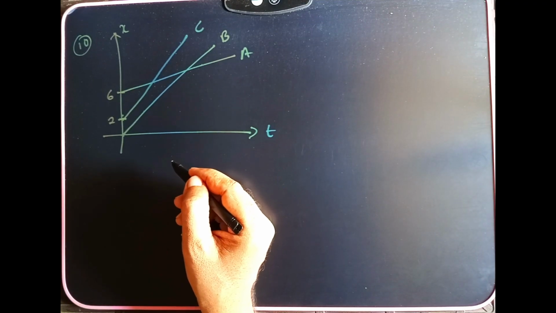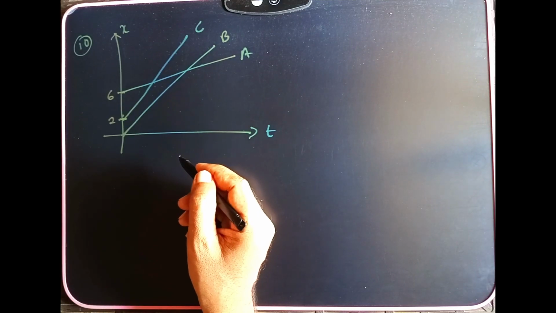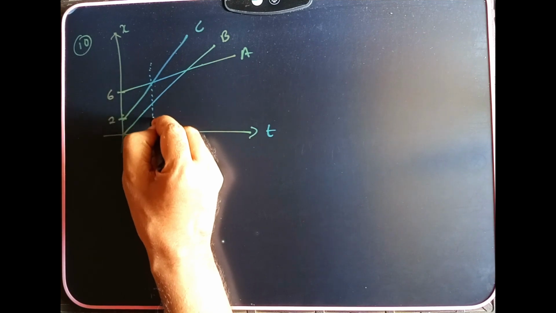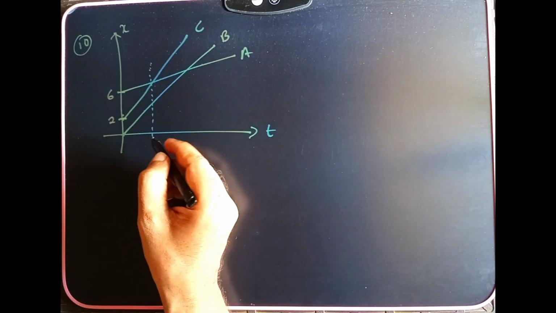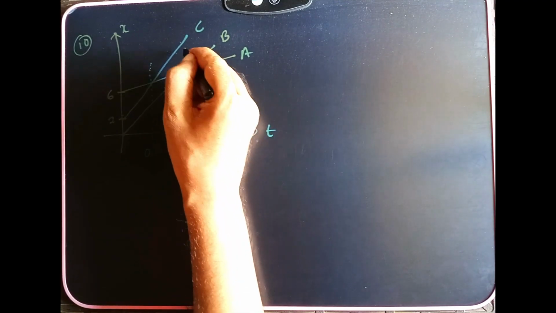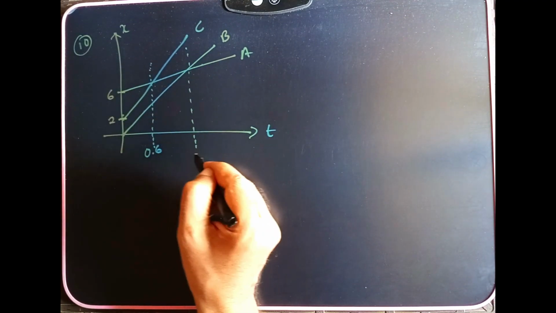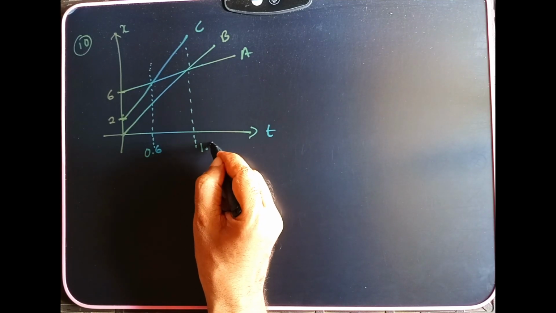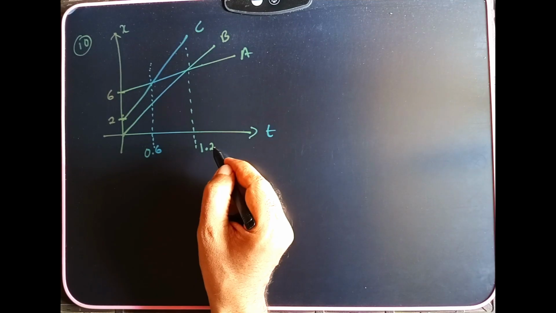The point where C is intercepting here is at 0.6 on time, and here where it is intercepting is 1.2.